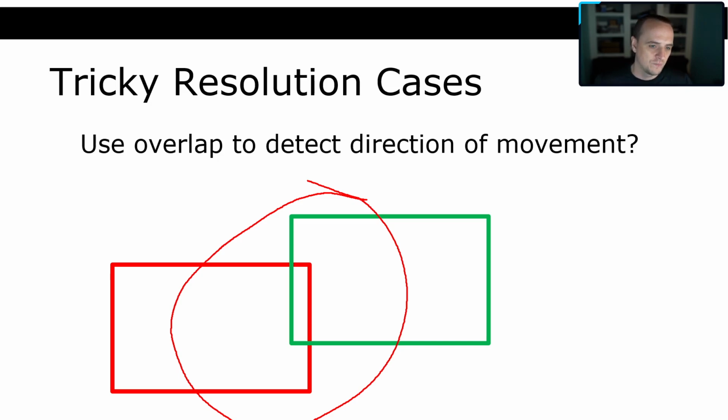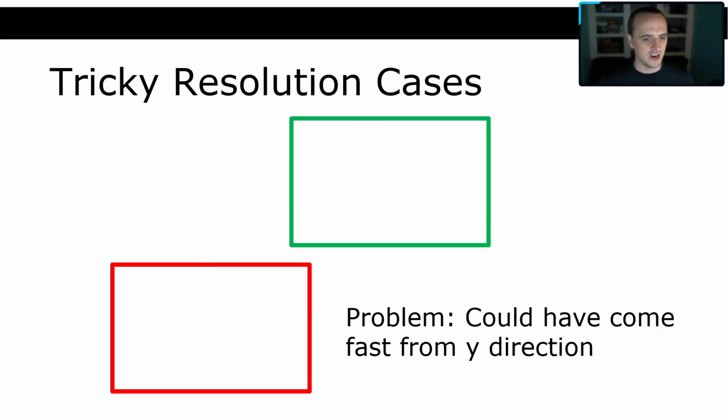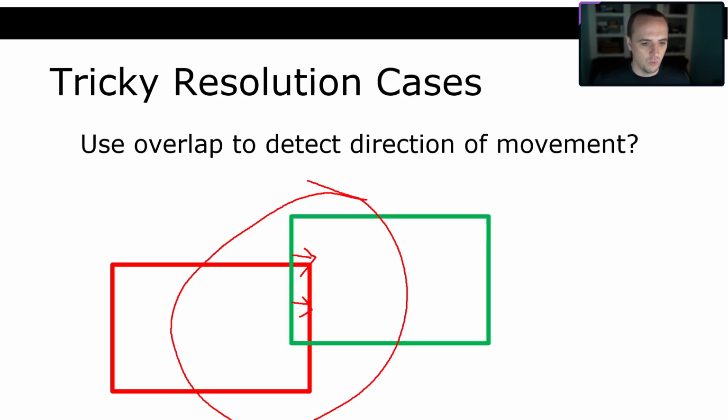Well, for example, you may say, okay, maybe the X overlap is less than the Y overlap, so push this thing out by an amount equal to the X overlap, right? But the problem there is that maybe on the previous frame the object was above it. So maybe we would want to push this out in the Y direction so that the two blocks were kind of like this, and one came down and just stays there rather than sliding off to the side, right?